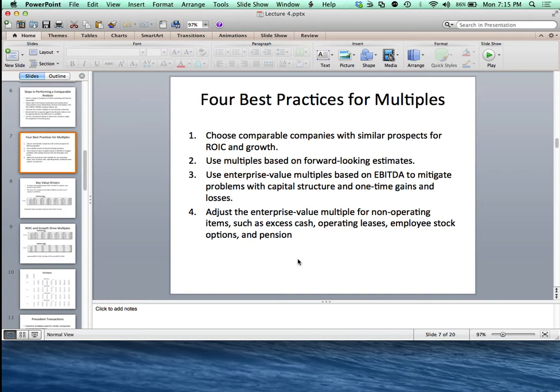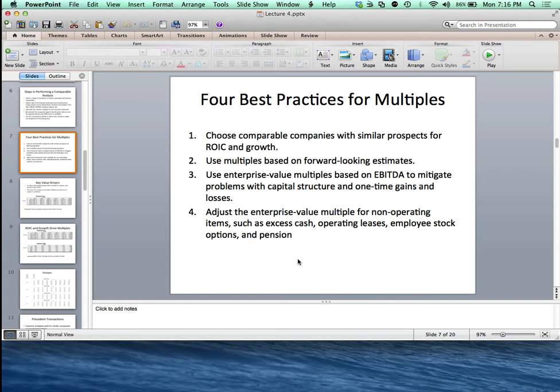So enterprise value to EBITDA is more commonly used for established companies. But it depends. Sometimes it's enterprise value to EBIT. Sometimes it's PE. What you really start to find is that in industries, the analysts tend to gravitate towards one multiple as more important for that industry. You have to figure out which multiple is really important for that industry. For example, if you're doing a Snapchat, they don't have EBITDA.